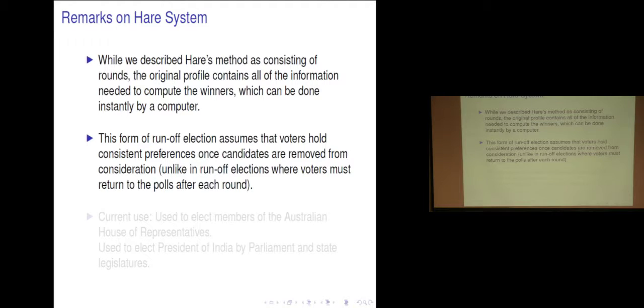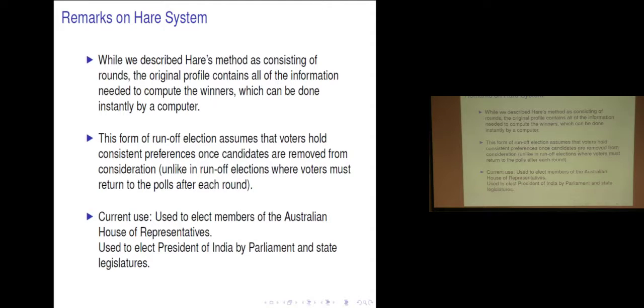But in this Hare system, you are not allowed to change your mind. We assume that you only vote once, and that determines the outcome. It's not like you vote the first round, and after you remove somebody, you vote for a second round. That's another method, but Hare system is not that.